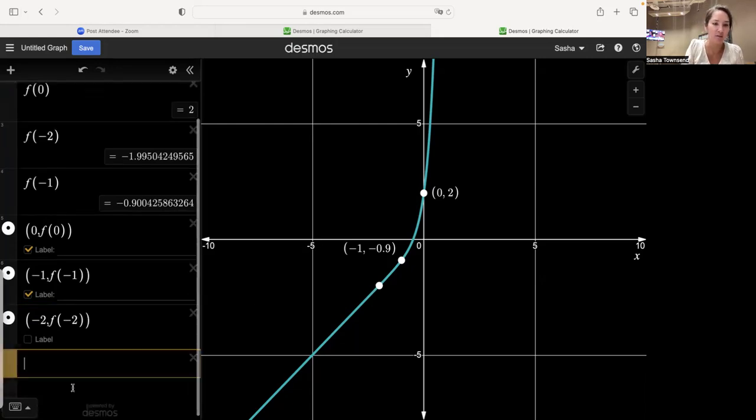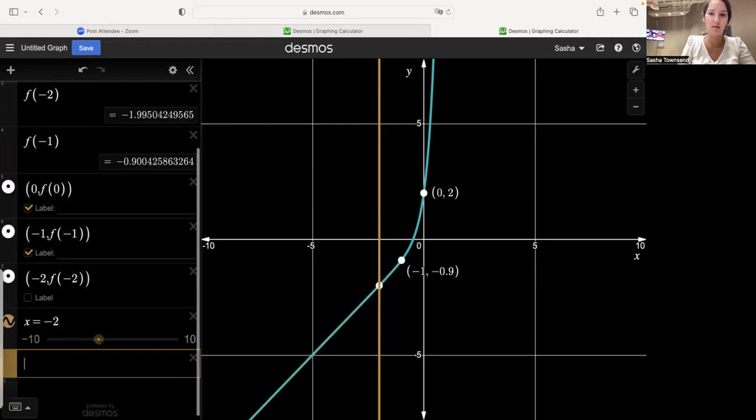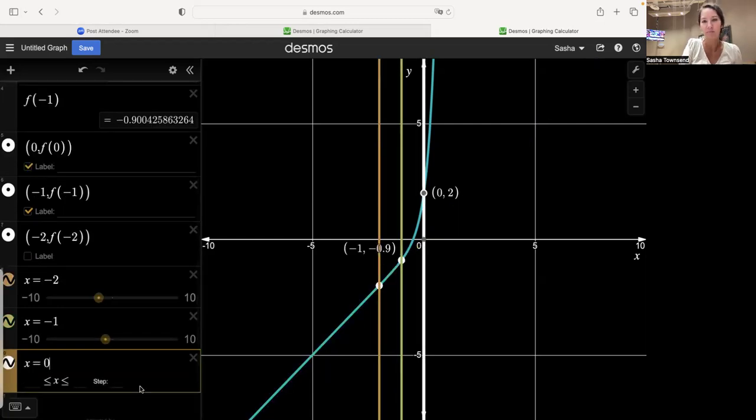And if I look at those vertical lines, x equals negative 2, x equals negative 1, x equals 0, I can see that the function values between x equals negative 2 and x equals negative 1 are all negative.